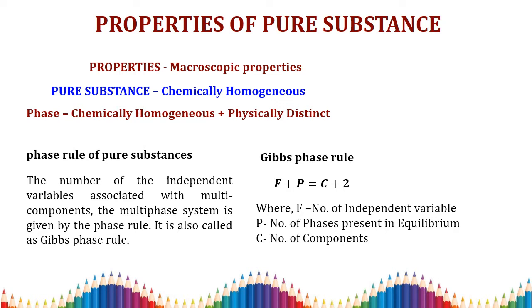Consider water: water is one component, and I am considering only 2 phases, water converting into steam. Then we can write F plus 2 equals 1 plus 2, that is F plus 2 equals 3. Then F equals 1. That is, the number of independent variables will be 1 in this case.